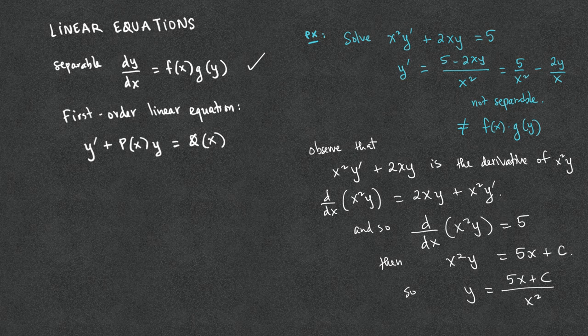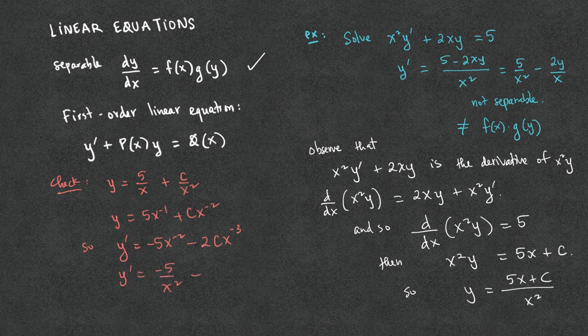How do we know that this is the correct solution? We check it. We can rewrite y as 5 over x plus c over x squared, which is 5x to the negative 1 plus cx to the negative 2. So the derivative is y prime equals negative 5 over x squared minus 2c over x cubed. We then multiply both sides by x squared to get x squared y prime equals negative 5 minus 2c over x.